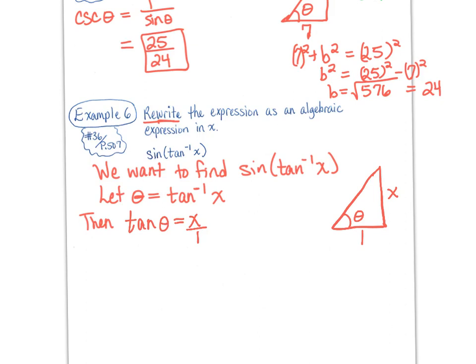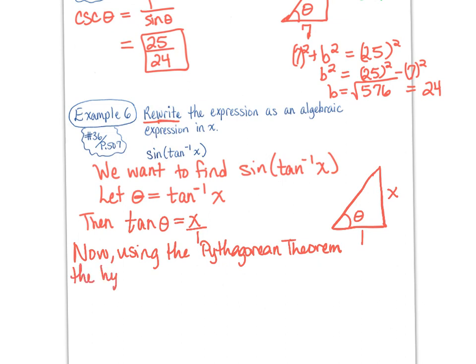You're just dealing with things that are not necessarily numbers all the time. You're dealing with variables now. So, now using the Pythagorean theorem, the hypotenuse is what? What do you get for it?